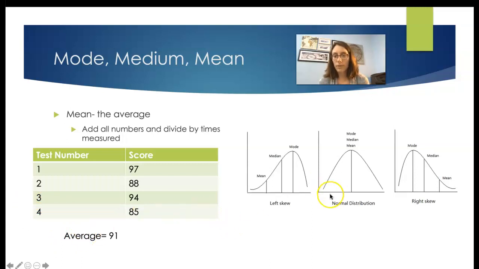But what's interesting about statistics is that in a normal distribution, also called a bell curve, which is how things should typically distribute, the mode, the median, and the mean turn out to be pretty much the same. When we have skewed data, the mode, the number of same findings, versus the median, which is really the middle number, versus the average of that number are totally different.